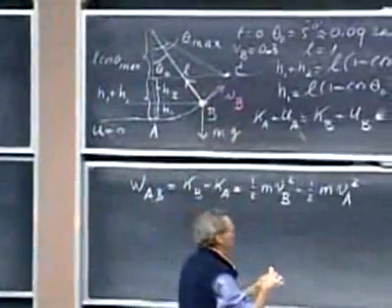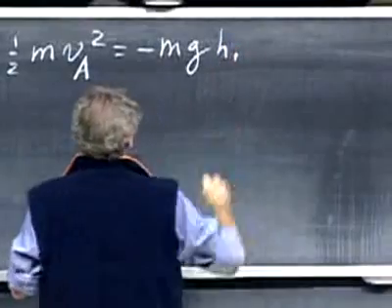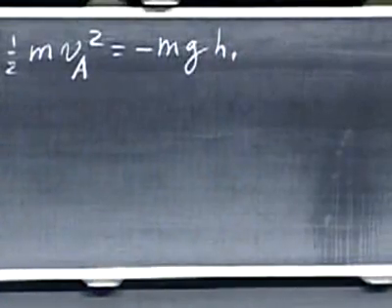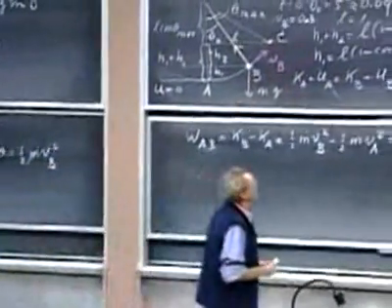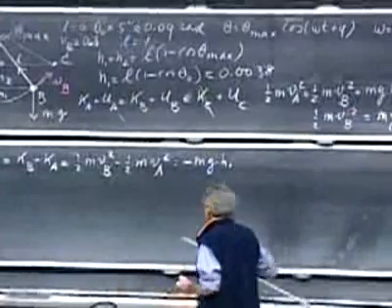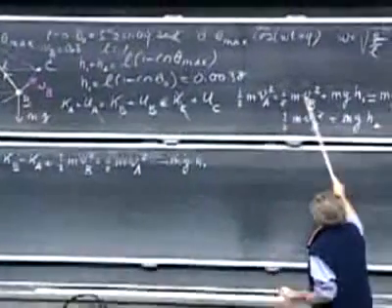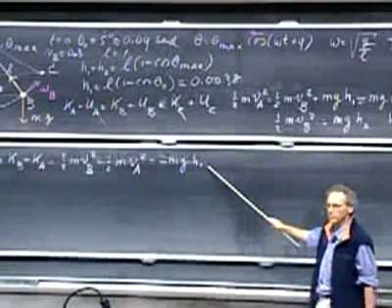Object goes up, does negative work, equals minus mgh1. Now look at that equation. And look, if you want to, here. Compare this one with this one. Completely identical.